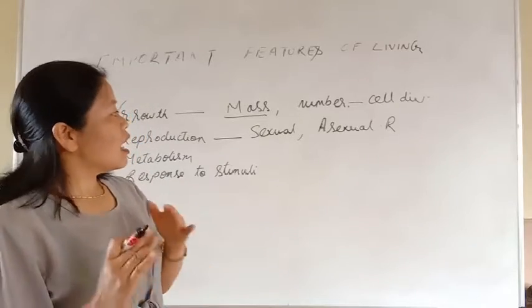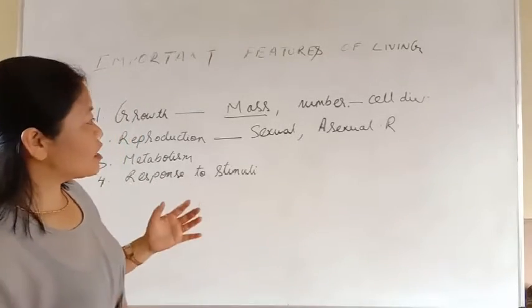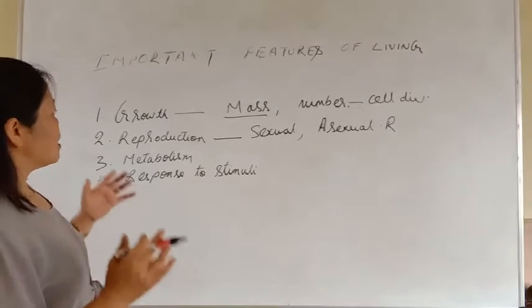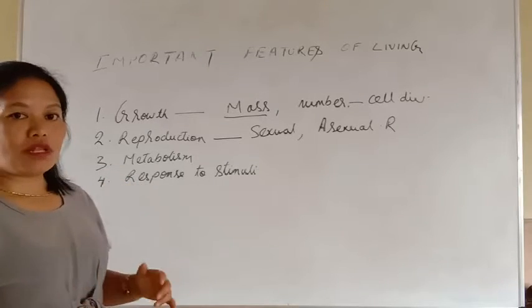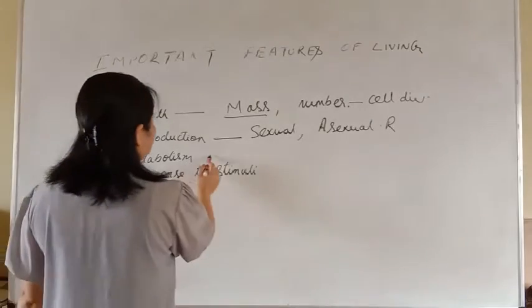All these take place under asexual reproduction. So whatever the species, the continuity of species happens by sexual and asexual reproduction.